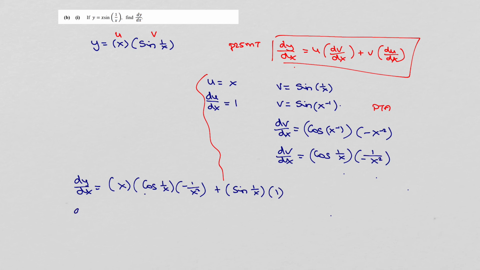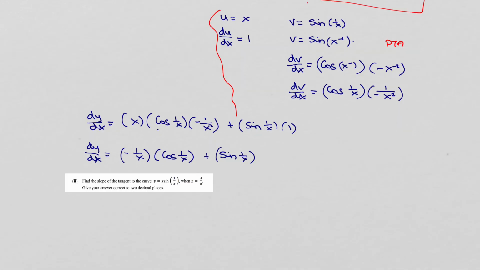So if I just tidy up that line, we have x times minus 1 over x squared. So x goes into x squared once. So that gives me minus 1 over x times cos of 1 over x, and then plus sine of 1 over x.